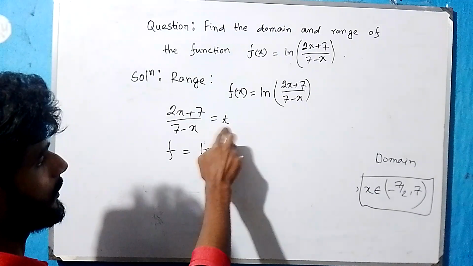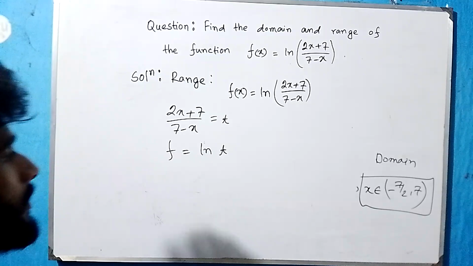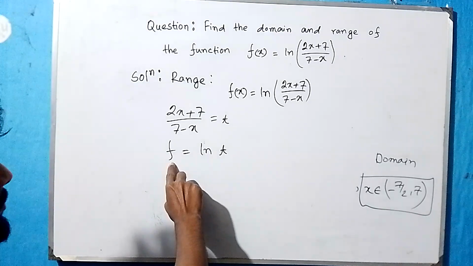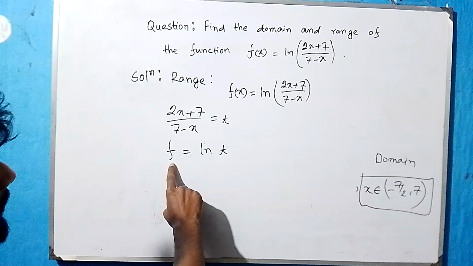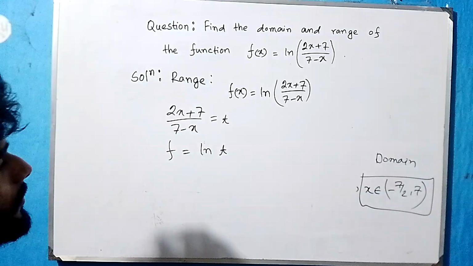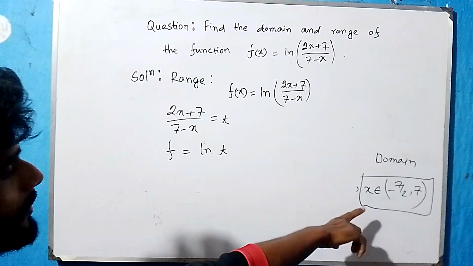Where t is equal to twice x plus 7 divided by 7 minus x. So f will be defined for t greater than 0, and we have our domain here.